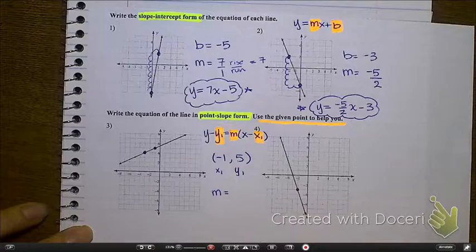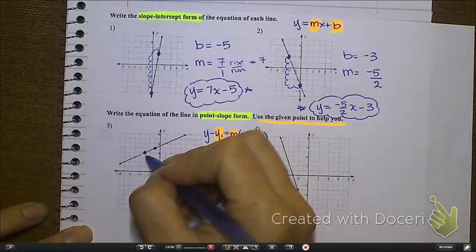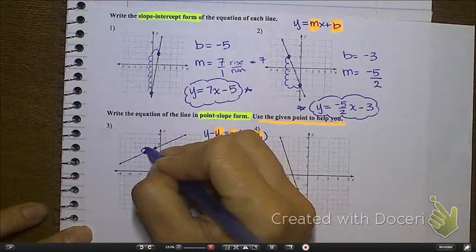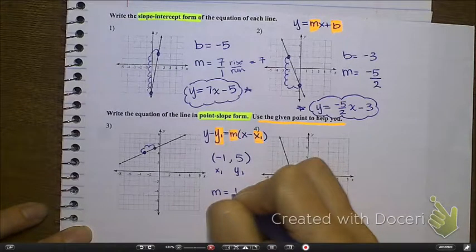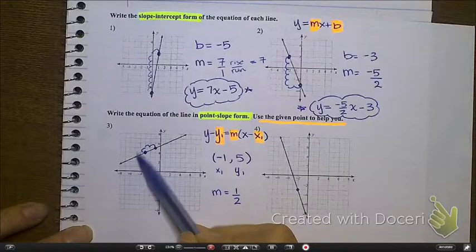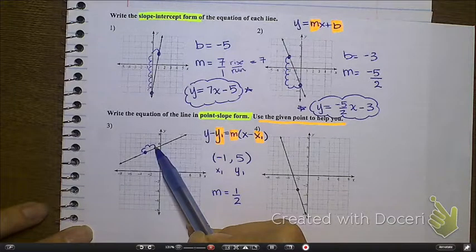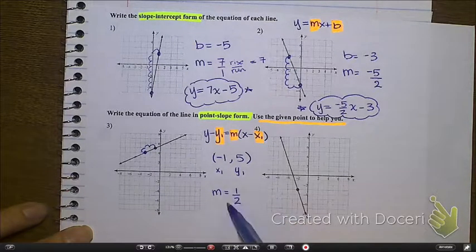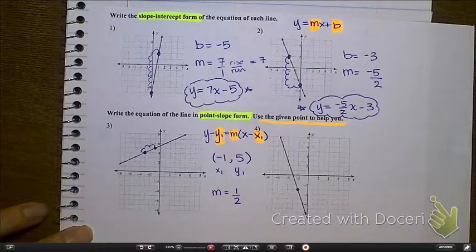Does that make sense? So what is our rise here? 1. What is our run? 2. So our slope is 1/2. If I had used the farther point, my rise would be 2 and my run would be 4. So I would have got 2/4, which reduces to 1/2. Same thing.